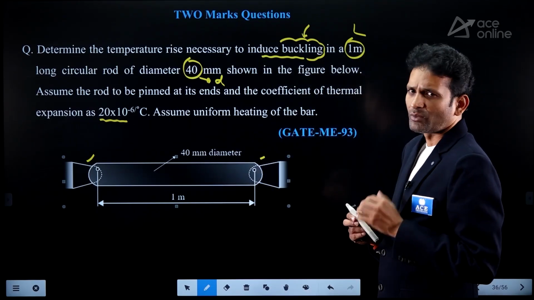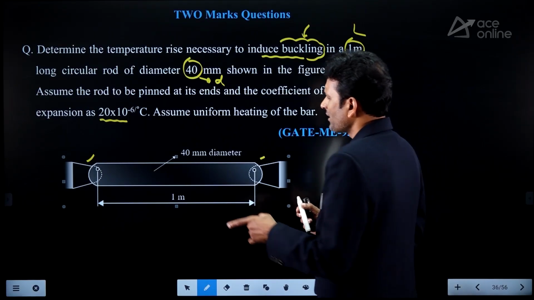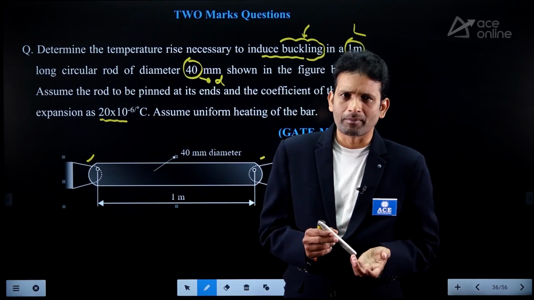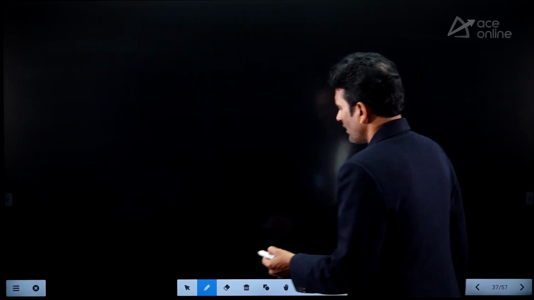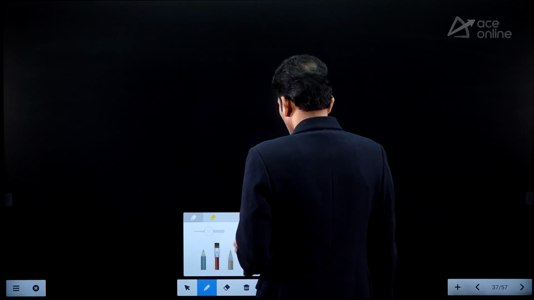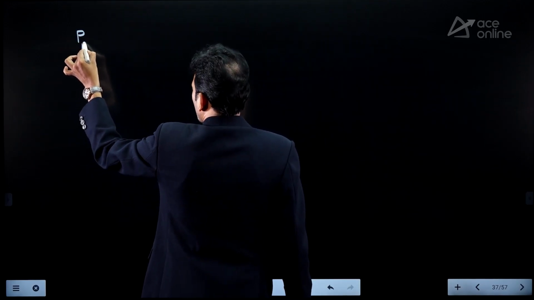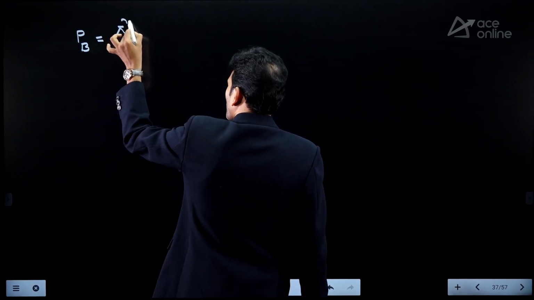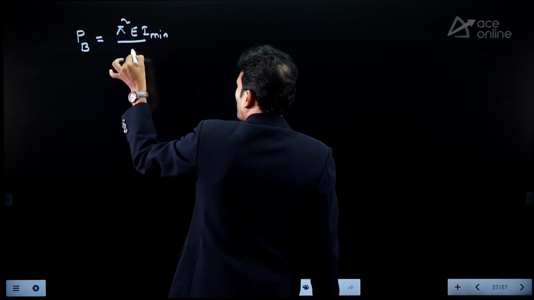That is asking at what value of T we are expecting the buckling mode of failure in the rod. Buckling is related to slender members. Now, if I want to observe the buckling phenomena in slender members, already we know we are using the Euler standard formula, PB equal to pi square E I min divided by LE square.